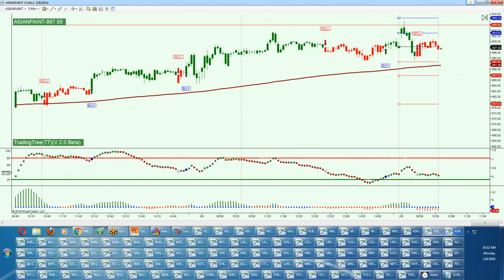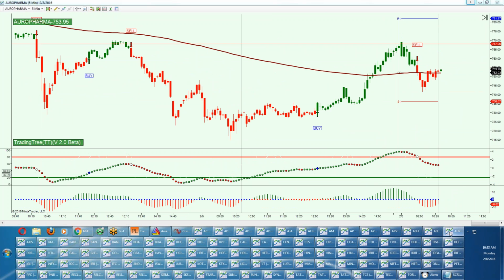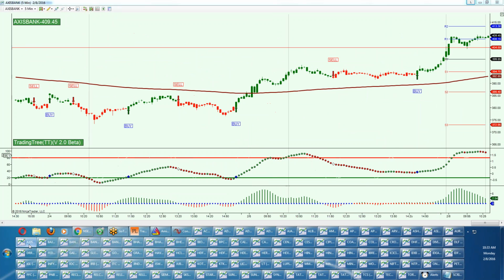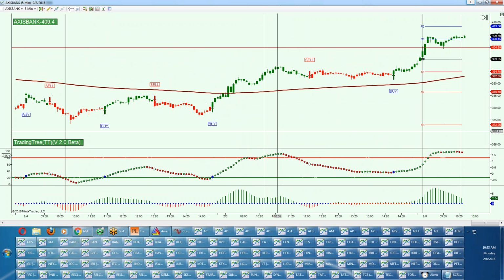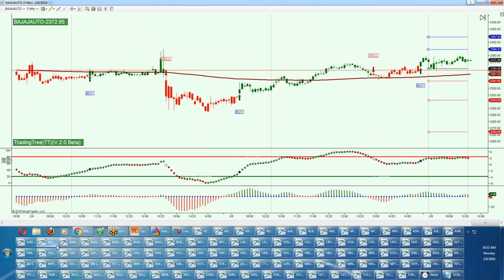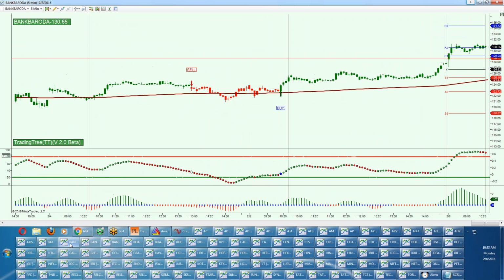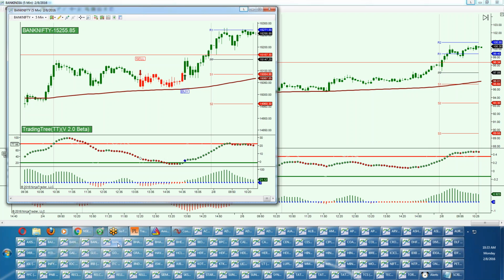Asian Paint, the sell has not triggered. Aurobindo Pharma, it did give you some profits. So that's Axis Bank. Bajaj Auto, the buy has triggered. It's Bank of Baroda, Bank of India, Bank Nifty.